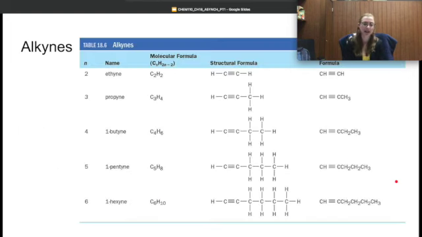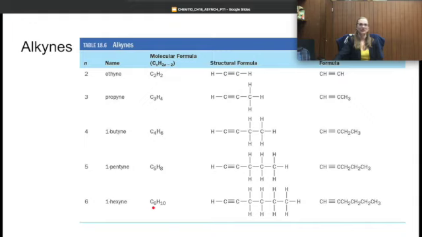Alkynes, again, here's a gigantic list of them that you should be familiar with. In each of them, I can see that YNE ending. And I can see that my molecular formulas fit this format up here. So if I checked out any of these, let's say C6H10, for example, you'd have C sub 6 and then H sub 2 times 6 minus 2.